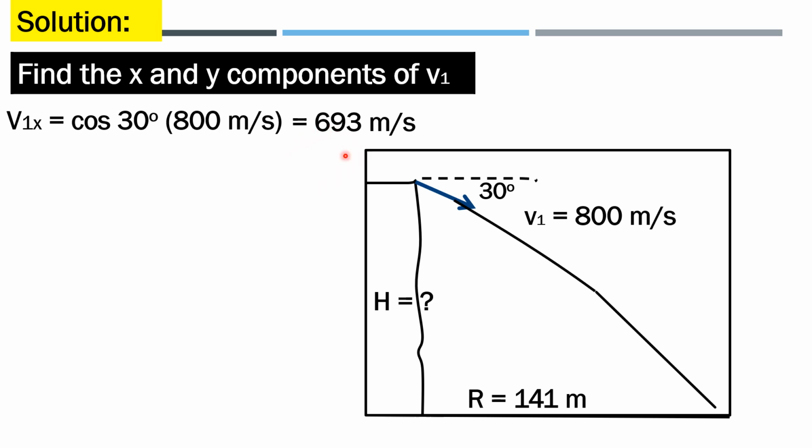And how about the y component? All right, the y component is simply determined by using sine of the angle 30 degrees and multiplied by the same value of the initial speed. All right, because the y component is actually the opposite side.